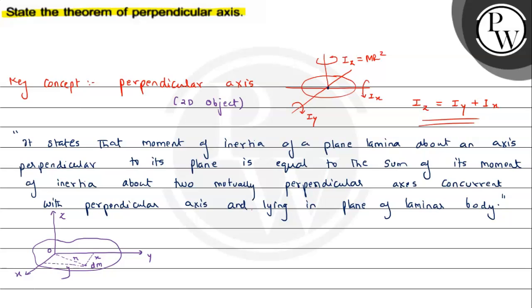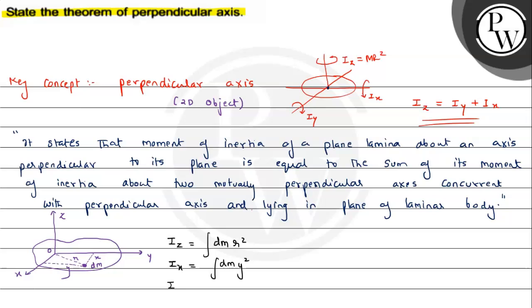Now this point we have taken is the point mass dm. According to the principle, we can find the moment of inertia about the z axis. About the z axis, the moment of inertia can be written as Iz equals, since it is a continuous body, we will use integration of dm r squared. Similarly, the moment of inertia about x will be integration of dm y squared.